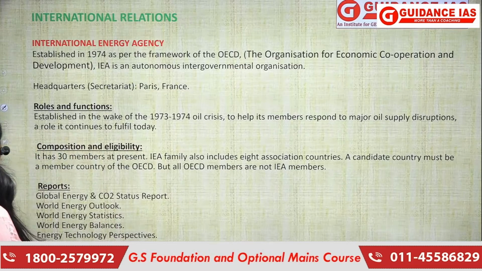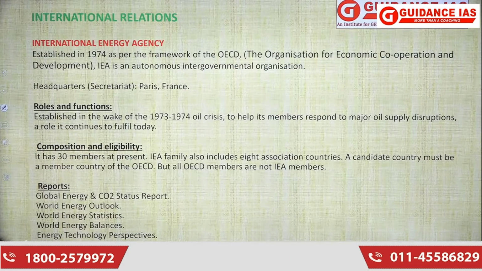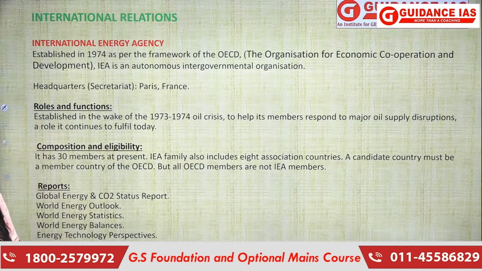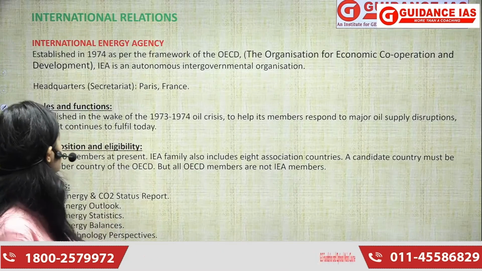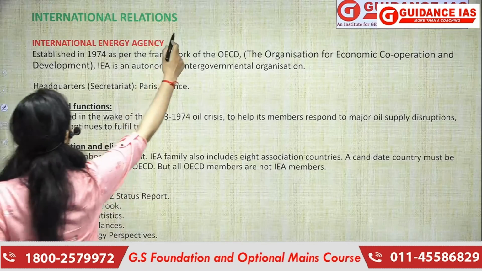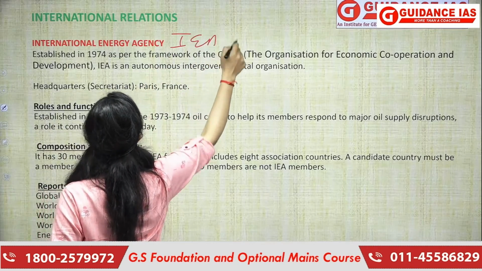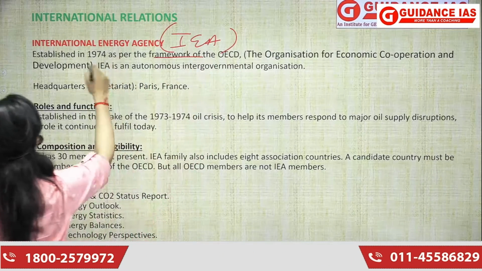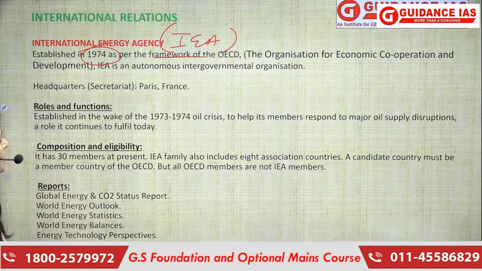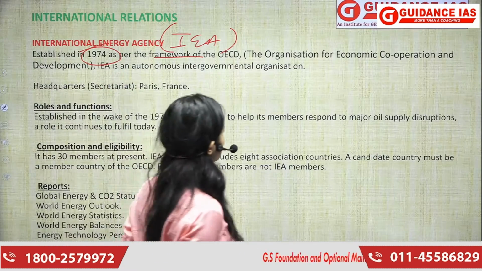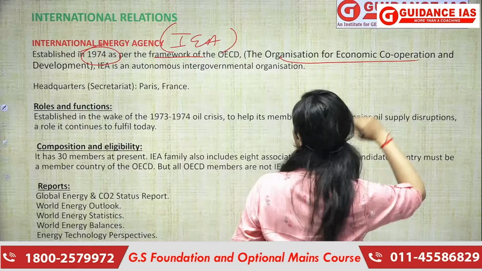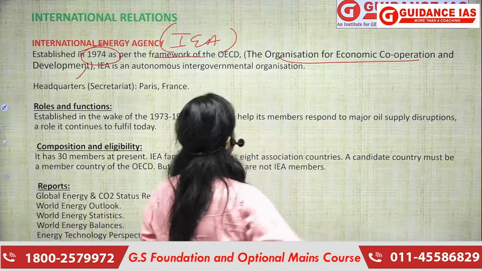All right. Up next we have the next paper, international relations, and the first topic itself is the International Energy Agency, or we call it IEA. This got established in 1964 as per the framework of the OECD, which is the Organisation for Economic Cooperation and Development, ठीक है?